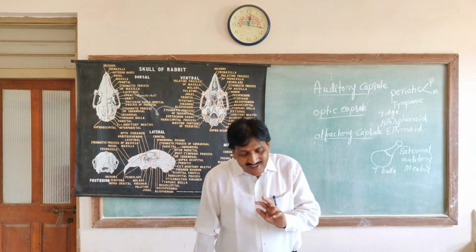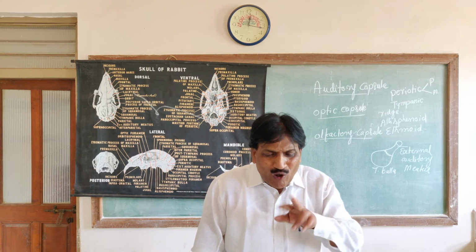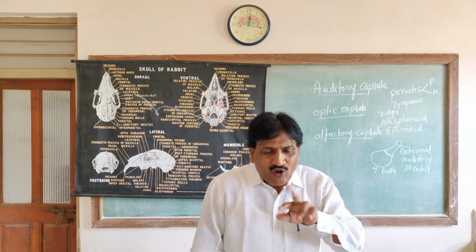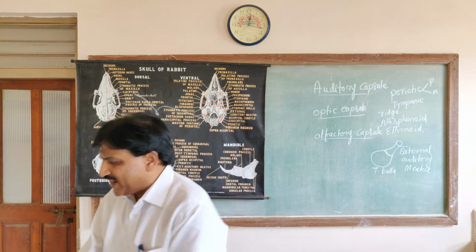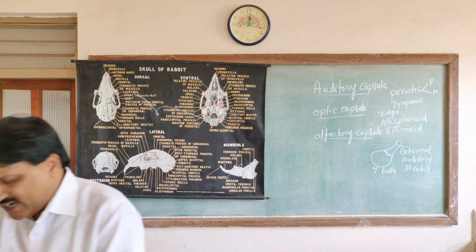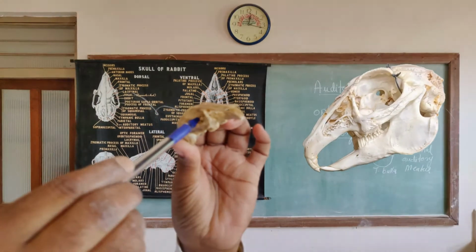The two orbits are separated from each other by a kind of septum called the interorbital septum.